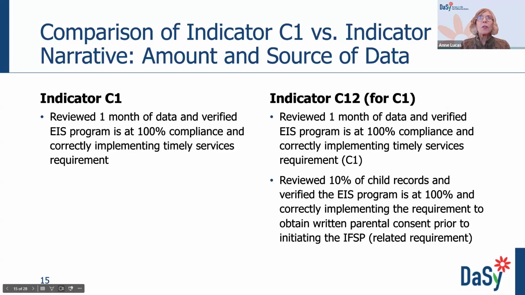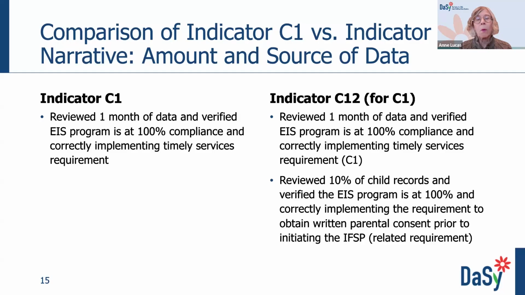Now, we wanted to show you a quick snippet of some information from indicator 1 to indicator 12. We're talking very briefly about the amount and the source of the data that was pulled for C1. So for indicator 1, in this example, you pulled 1 month of data.